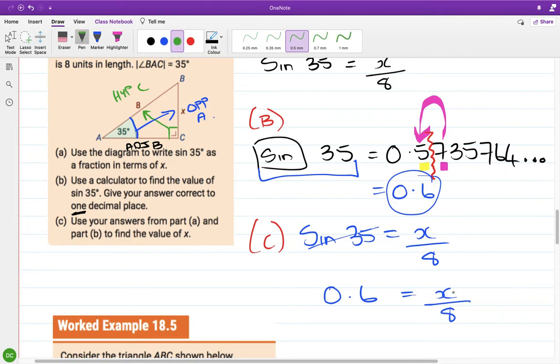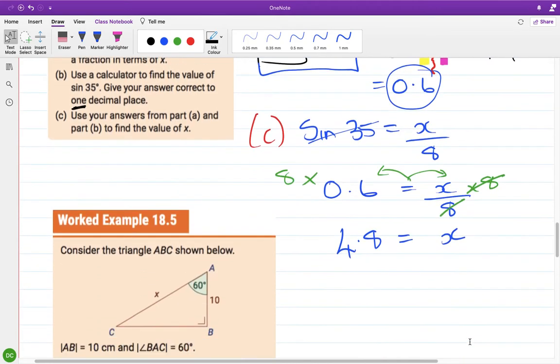Now here, the x is being divided by 8, so algebraically I need to do the opposite of divided by 8, which is multiplied by 8, to get them to cancel. But if I multiply by 8 on the right hand side of the equals, then I'm going to have to balance it by multiplying by 8 on the left hand side. Okay, so 8 multiplied by 0.6 is 4.8 equals x. Okay, so I hope that makes sense.